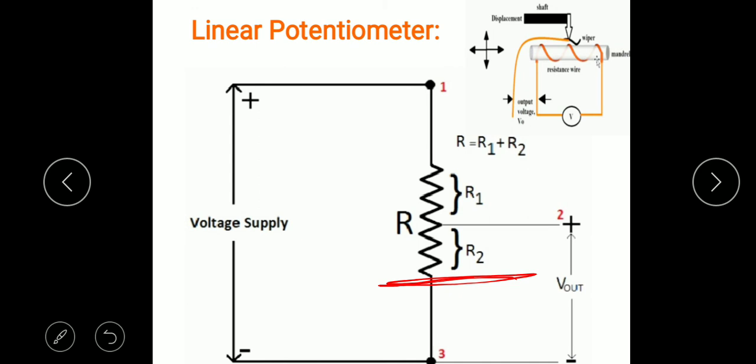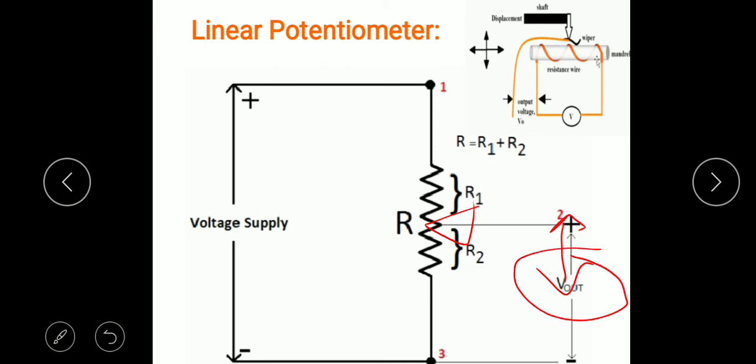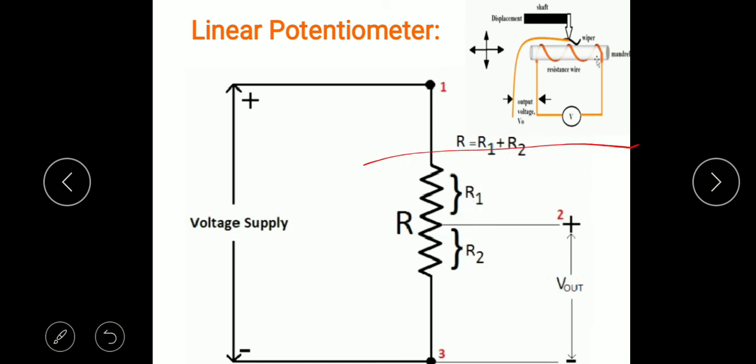Ohm's law says that when the resistance changes, the voltage will change, and due to that we will get the output voltage. Now it depends on the wiper position, so this is the V out. V out means the output voltage. If the wiper reaches the point 1 level, then this portion will be V out, the output voltage.